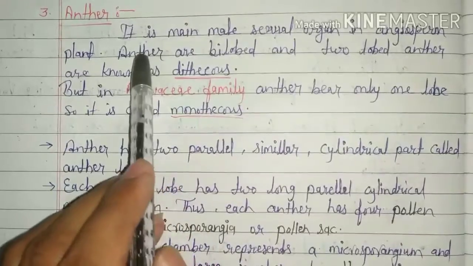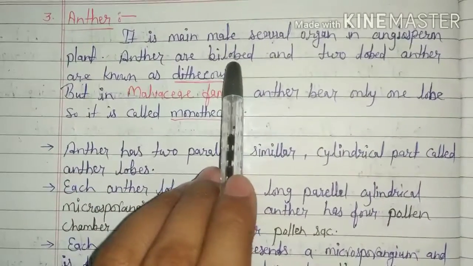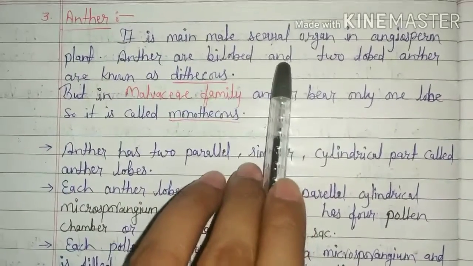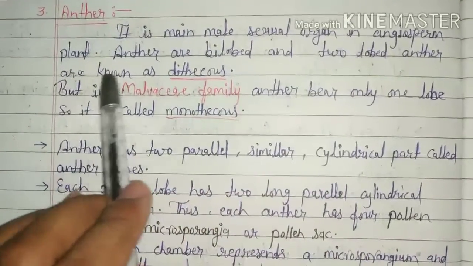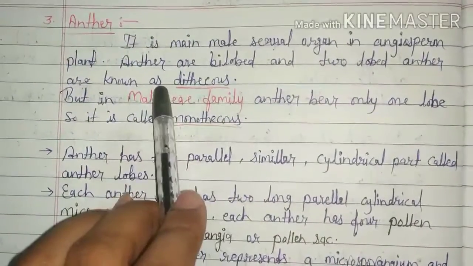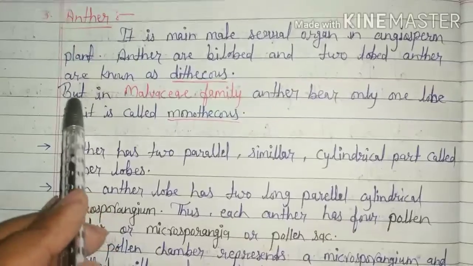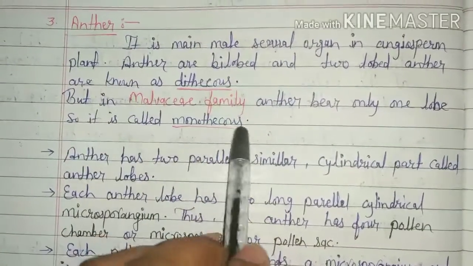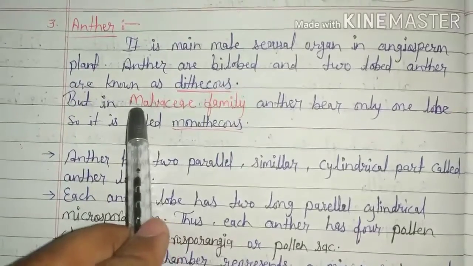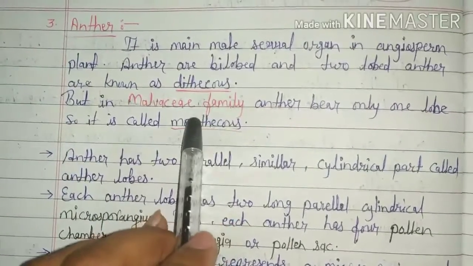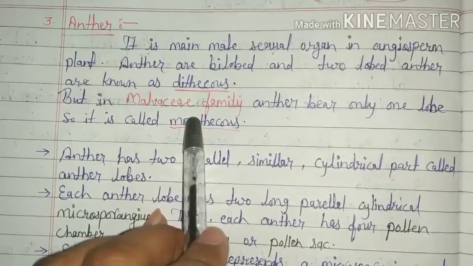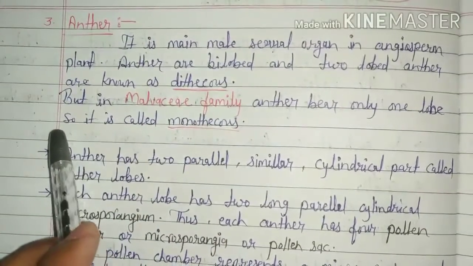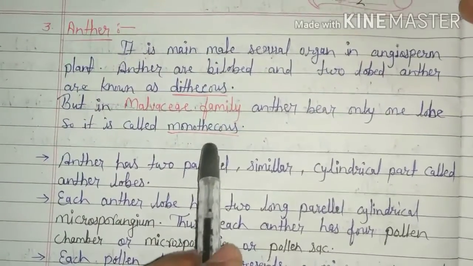It means anthers are bilobed, and two-lobed anthers are known as dithecous. But in the Malvaceae family, the anther bears only one lobe, so it is called monothecous. It means the Malvaceae family is the exception to the dithecous condition because it has only one lobe.